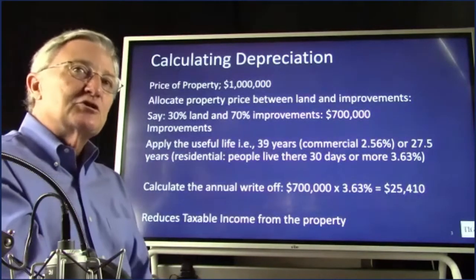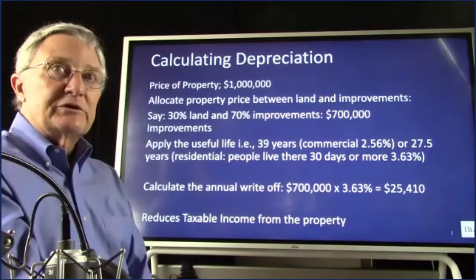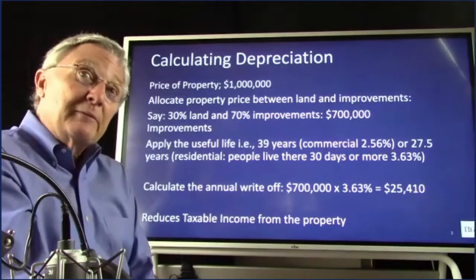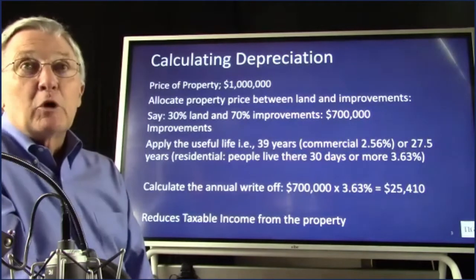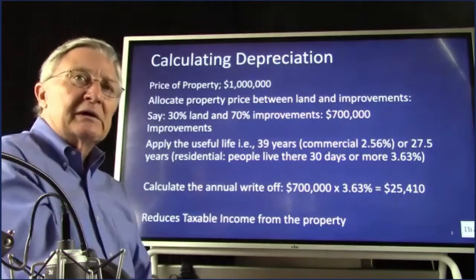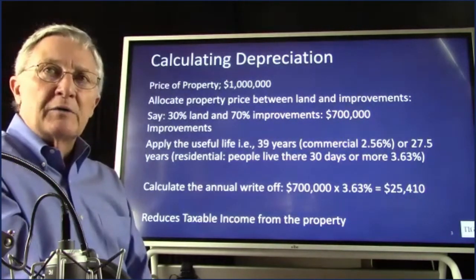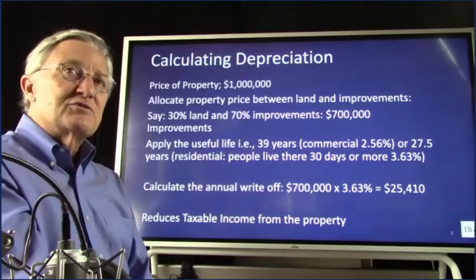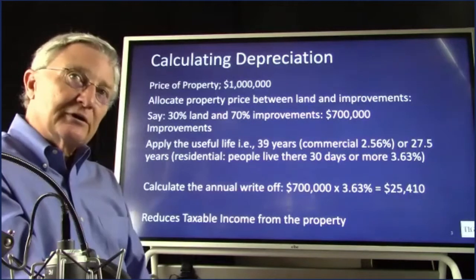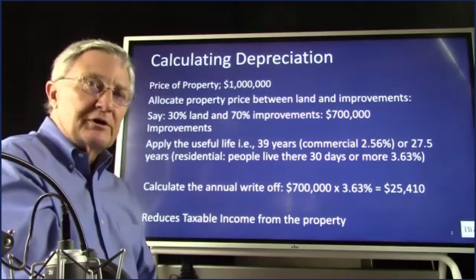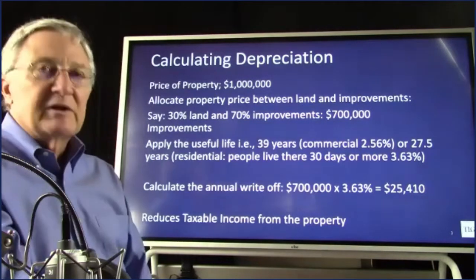So we have to determine the useful life, which depends upon how we use the property, either 39 or 27 and a half. And mobile home parks have a little different thing. All the improvements that are underground in mobile home parks, that's 15 years. So it gets a little complicated. So there's a lot to learn. But right now we'll just stick with 39 and 27 and a half.